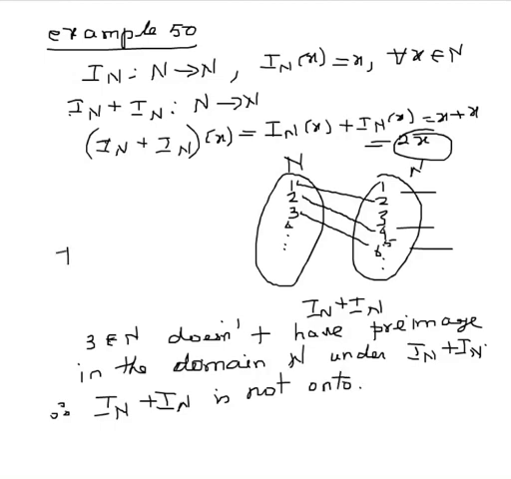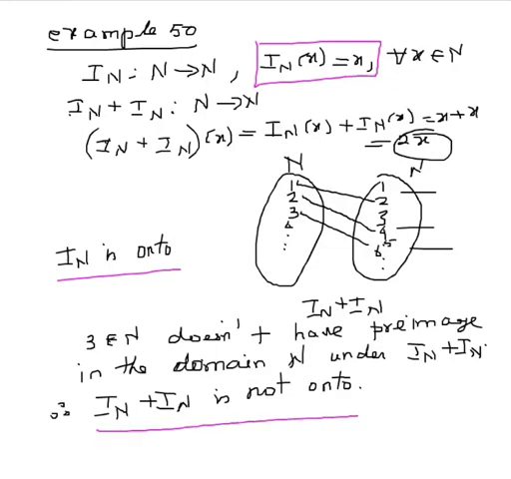But I_N is onto because it is an identity function. See this function? I_N is an identity function. Definitely it has to be an onto function. I_N is onto, but I_N plus I_N is not an onto function.